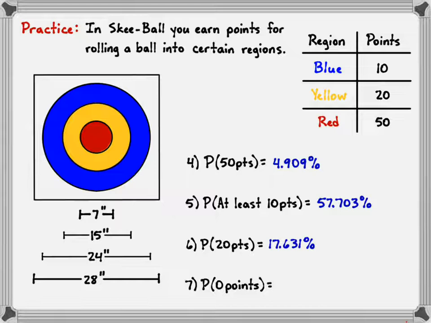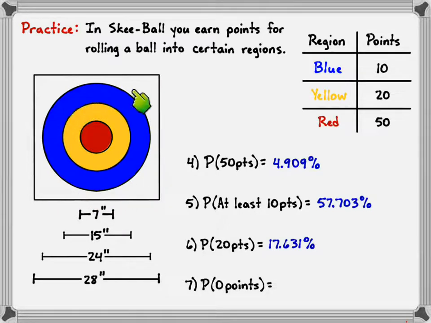For the last problem here, number 7, it says, what's the probability of getting 0 points? Well, there's nothing here that says you would get 0 points. 0 points is if you don't hit the blue, the yellow, or the red. In other words, if you're hitting the white region here. There's a couple ways of doing this. One option is to find the area of the white region.